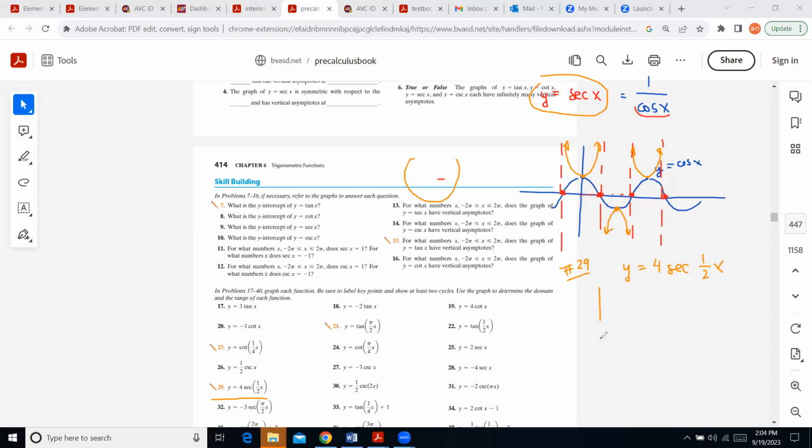What does that mean? Amplitude, remember, the minimum and maximum values will be +4 and -4. Then, since it's a secant, I need a graph of cosine to help me out.